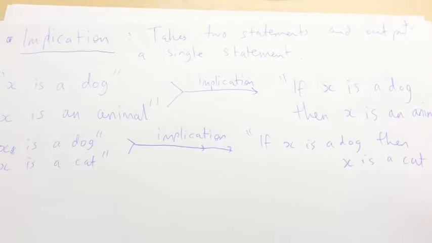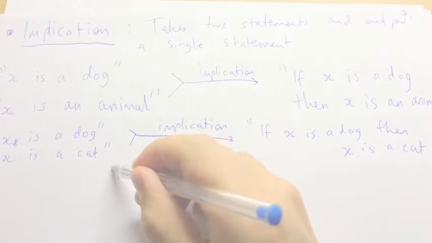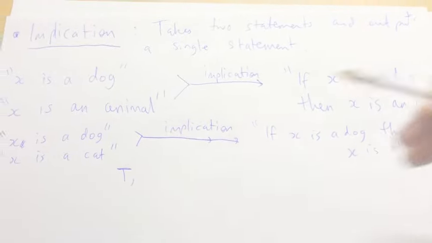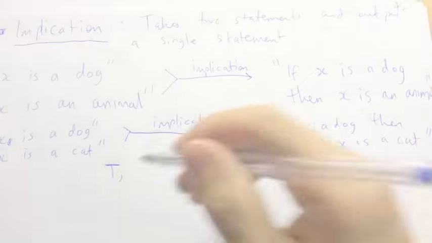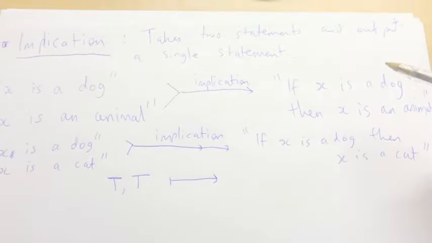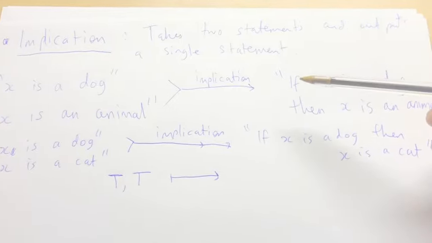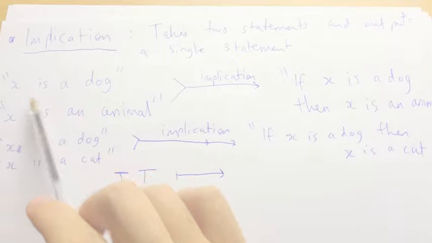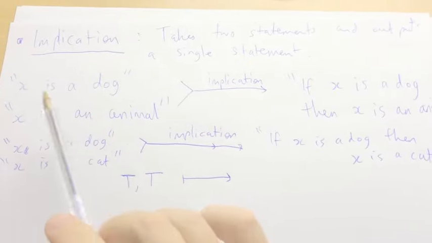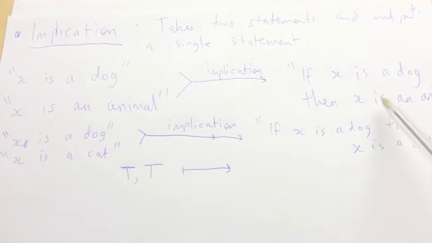So, for example, if you input a true statement and you input another true statement, for example, a dog is actually an animal. So if X is a dog, that's a true statement, then X is an animal.